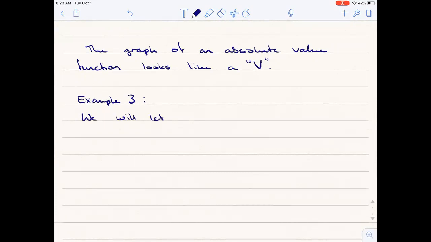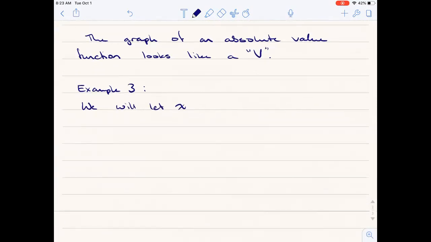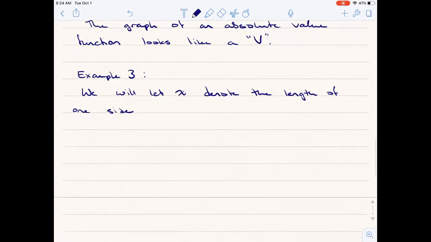We will let x denote the length of one side, since it's a square, any side, such that the area is x squared.